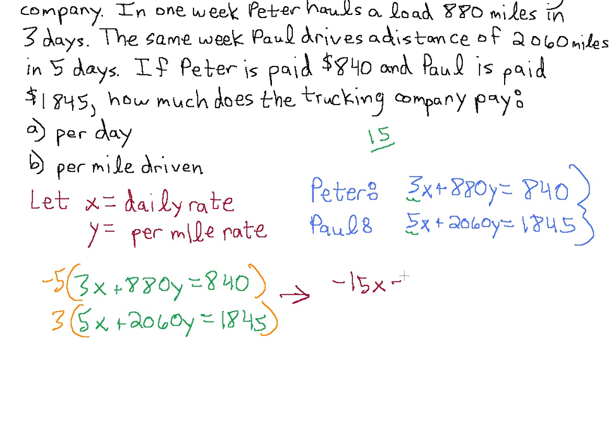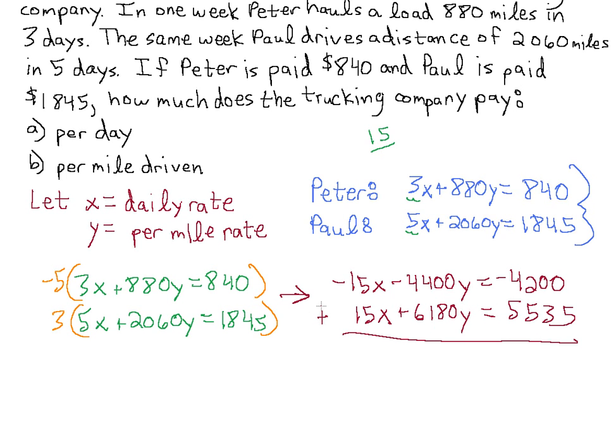Minus 5 times 880 is minus 4,400y equals minus 5 times 840, which is minus 4,200. And the next one, 3 times 5x is 15x. 3 times 2,060 is a positive 6,180y. And 3 times 1,845 is going to be 5,535.